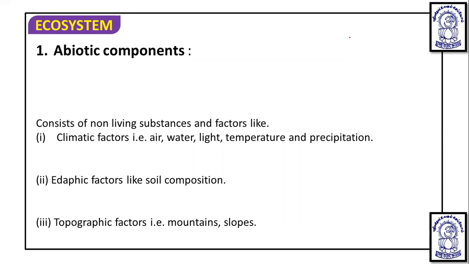So first we talk about the abiotic component. So abiotic component means what? They are the non-living components. So if we talk about these abiotic components, they are the non-living factors.